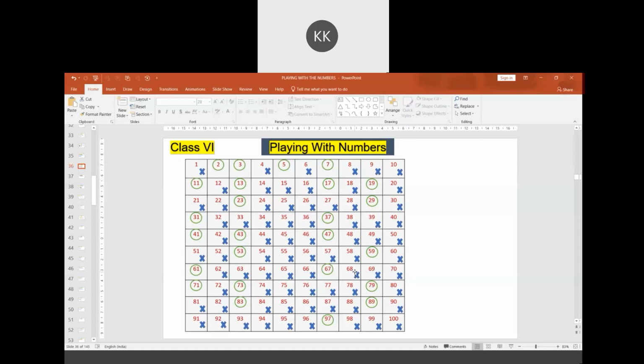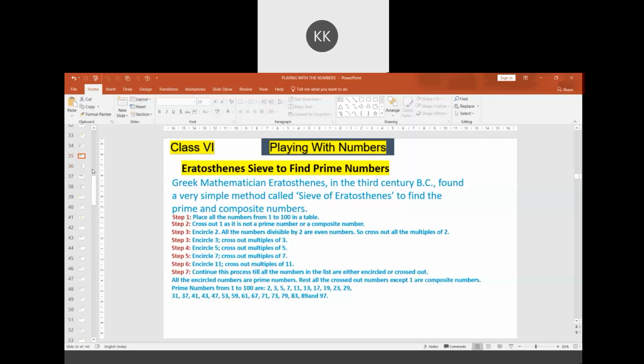The remaining numbers are prime numbers, and they are 2, 3, 5, 7, 11, 13, 17, 19, 23, 29, 31, 37, 41, 43, 47, 53, 59, 61, 67, 71, 73, 79, 83, 89, 97.